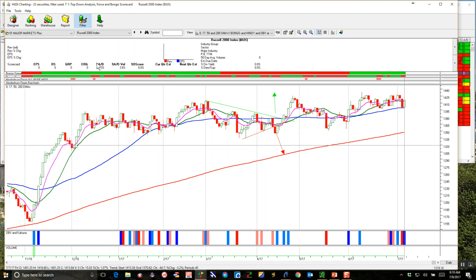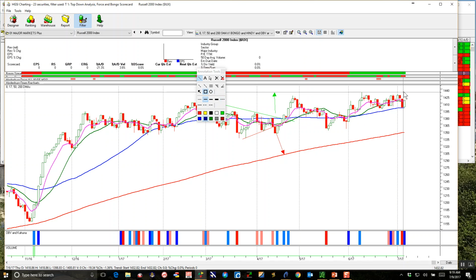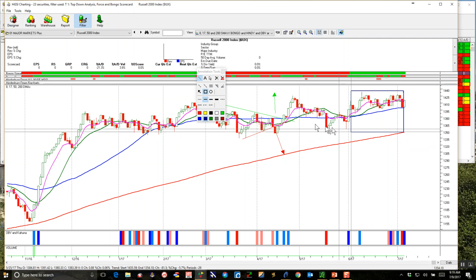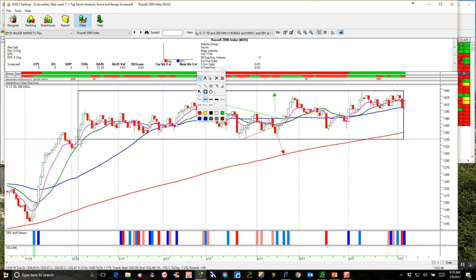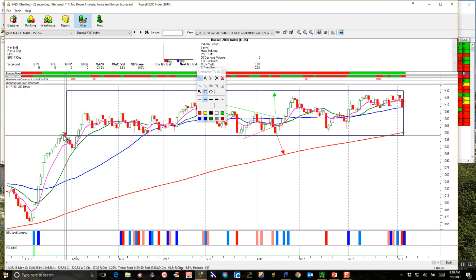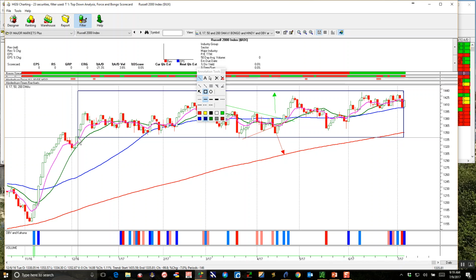the thing about the Russell that's kind of interesting is this. The Russell has basically been in a trading range, and I probably made the top a little bit too high, going back to December.